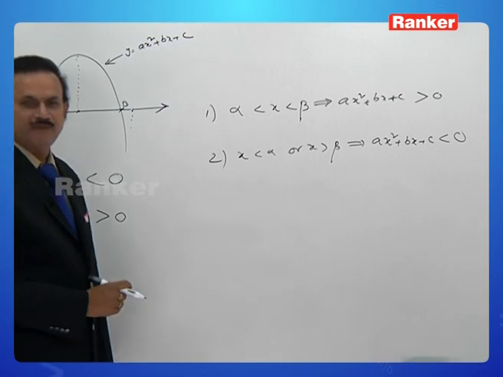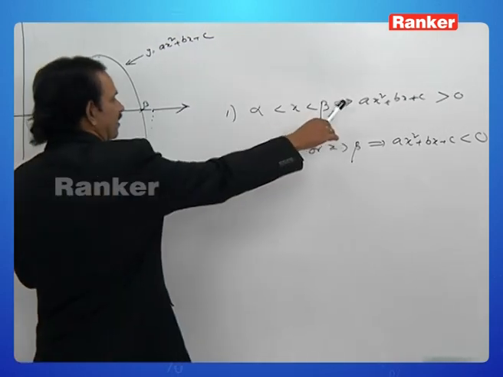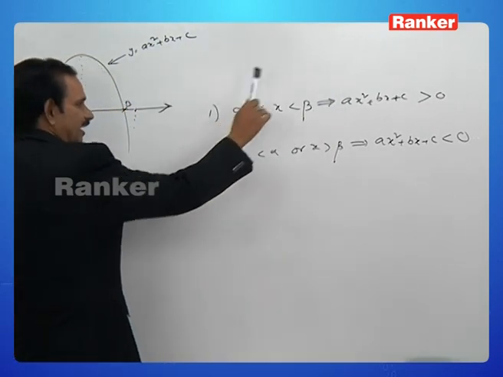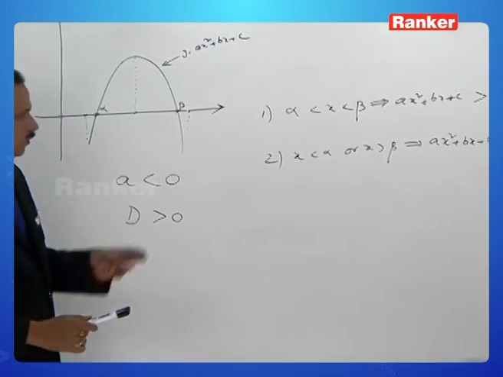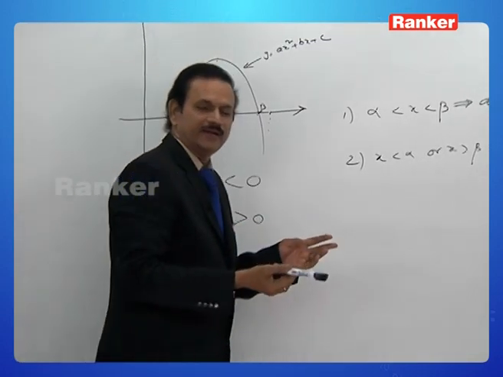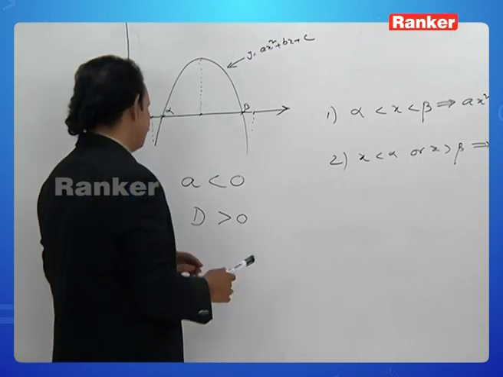Again, let us make a comment. If a is less than 0, expression is greater than 0 in the first case. So, in the first case, when x lies between alpha and beta, the expression and a are of opposite signs.